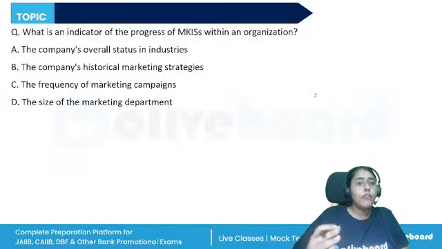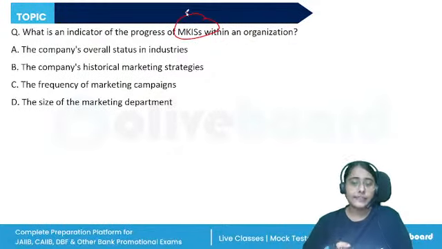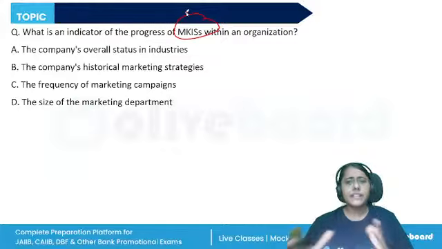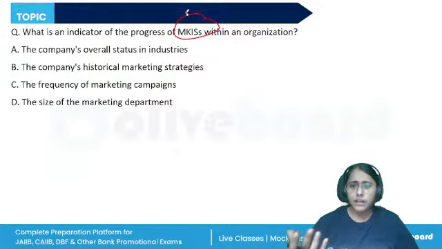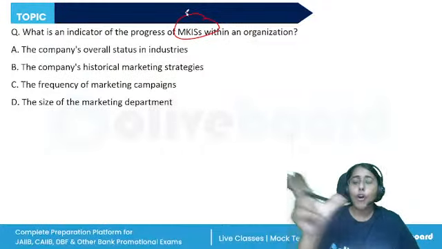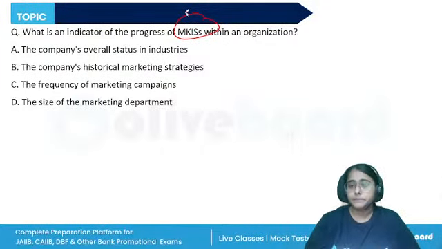All right. What is the indicator of progress in the MKIS? Now, the MKIS is the last unit of our module D, the marketing information system. There are various systems: the management information system, computer information system, decision support system. Basically, all of them play a role for the management of the firm, right?